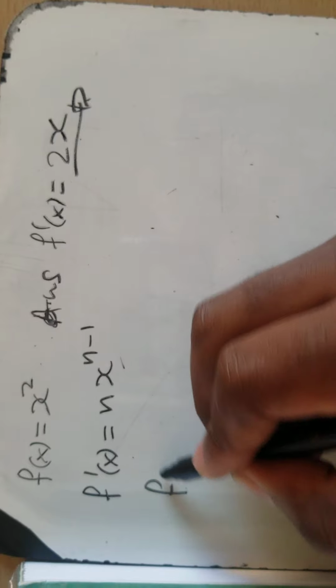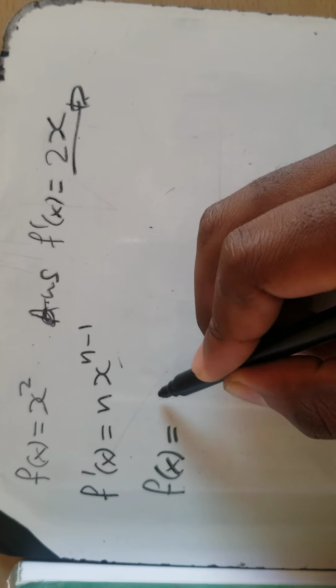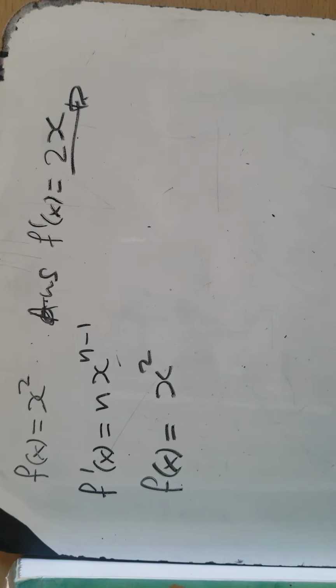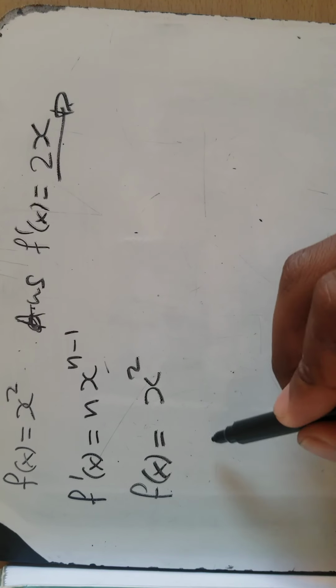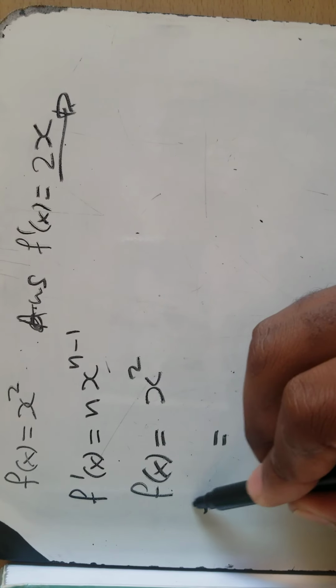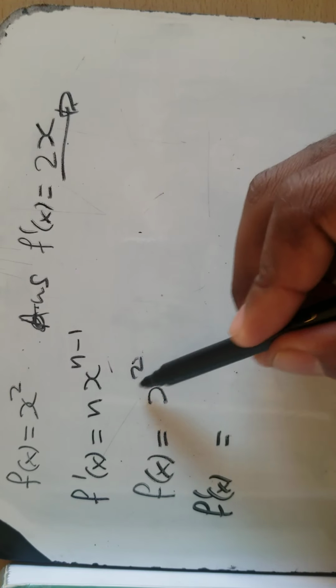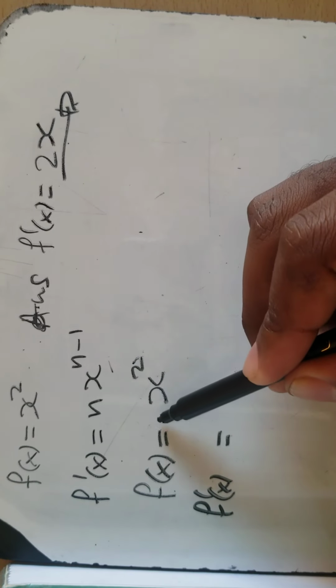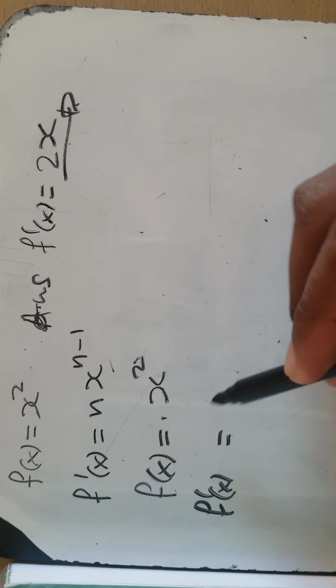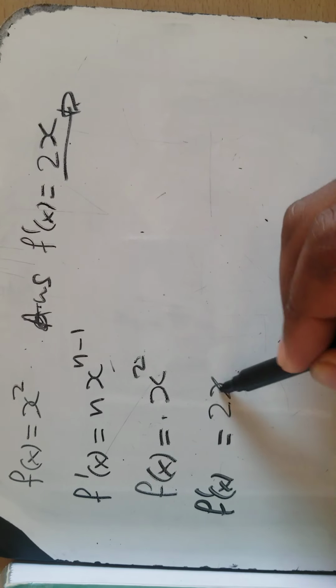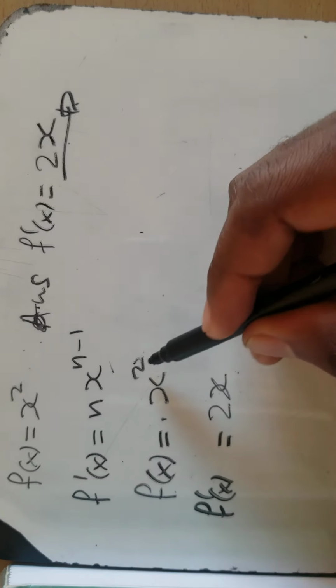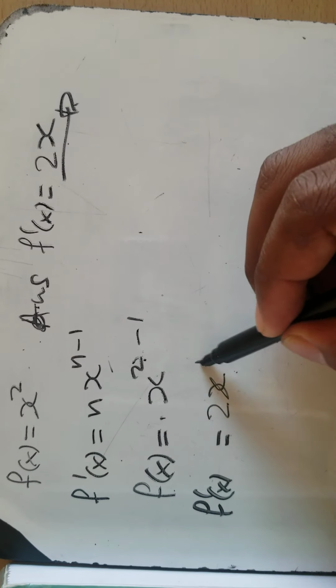We are given f of x is equal to x squared. So f prime of x will be equal to, you take your exponent and multiply it into your coefficient. So 2 times 1 is 2, and then you take your x down, and 2 minus 1 is 1.